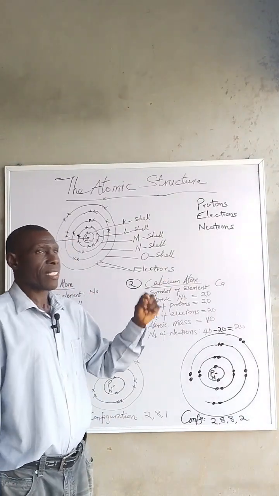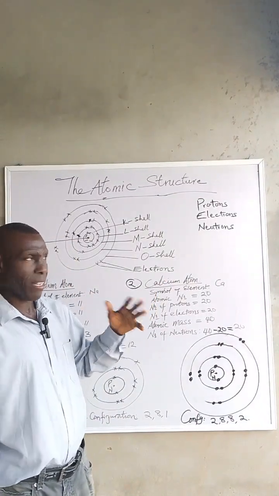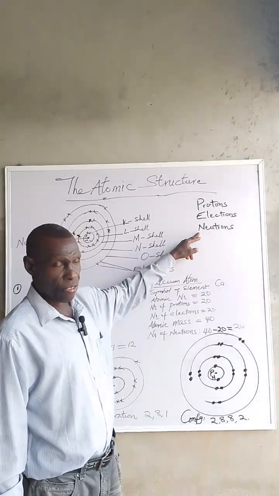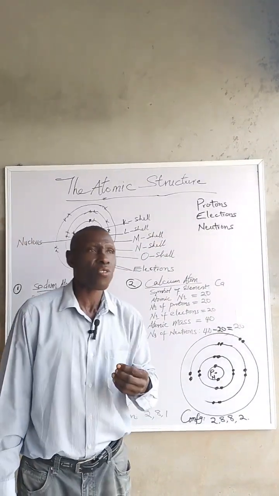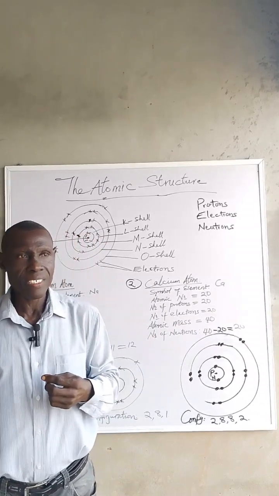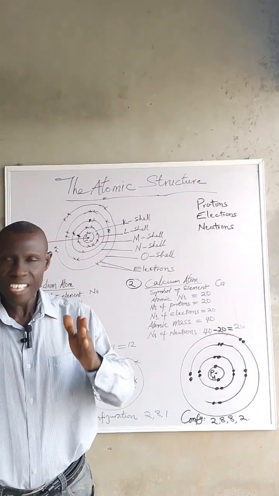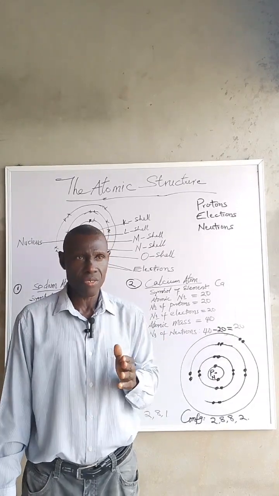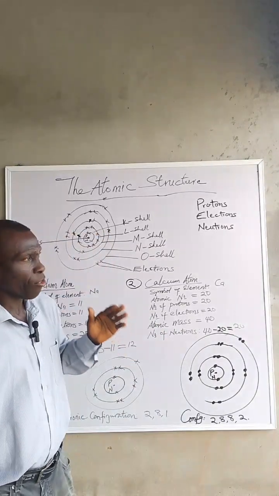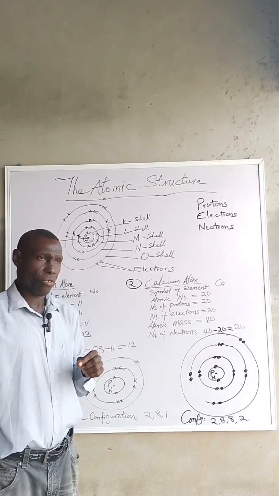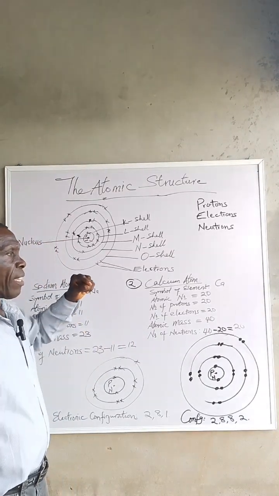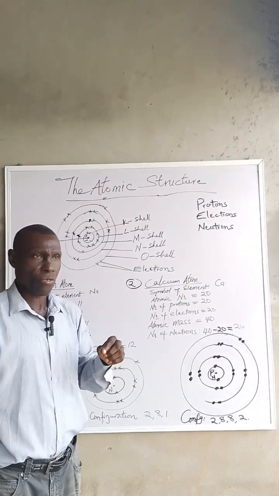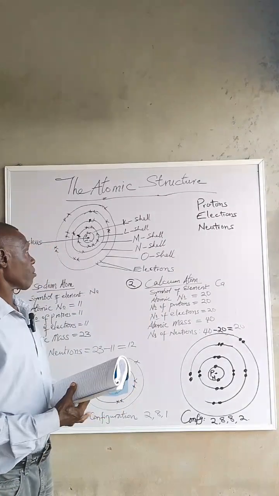So, atom itself is made up of three basic particles. These are protons, electrons, and neutrons. Now, every atom of every element has a structure. There is a general structure of atoms, and this general structure of atoms is what I want to discuss right away. In the center of an atom, there is a structure called the nucleus.